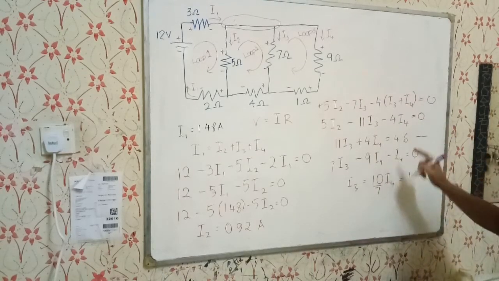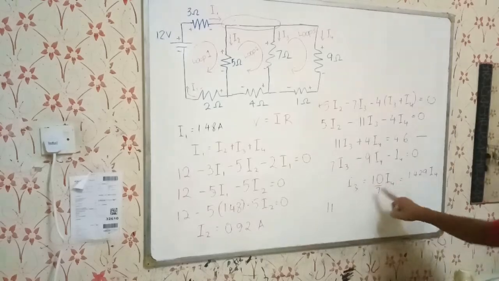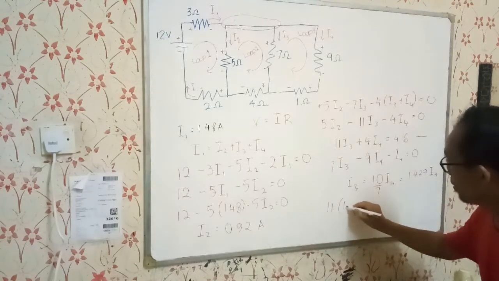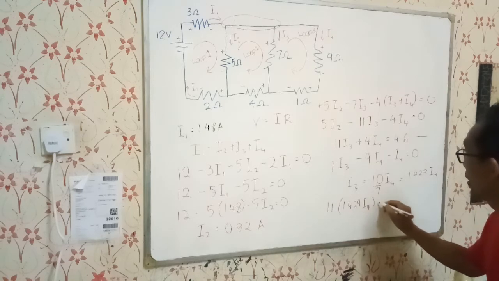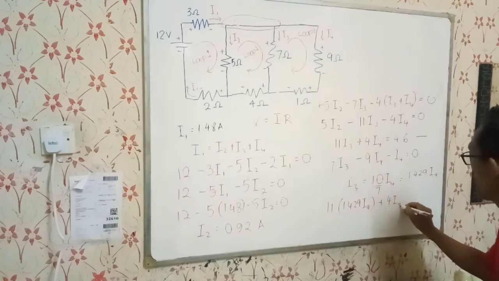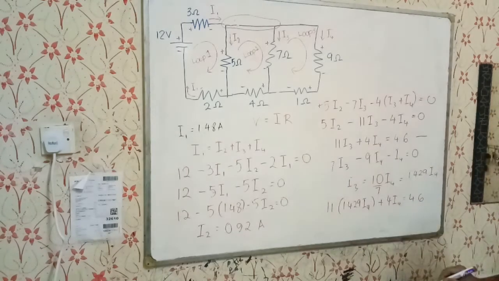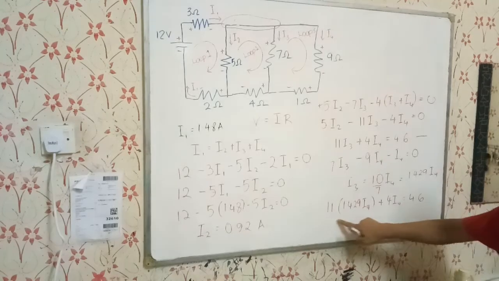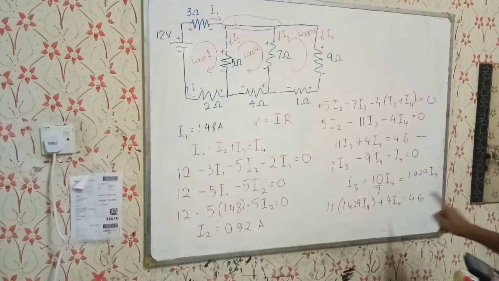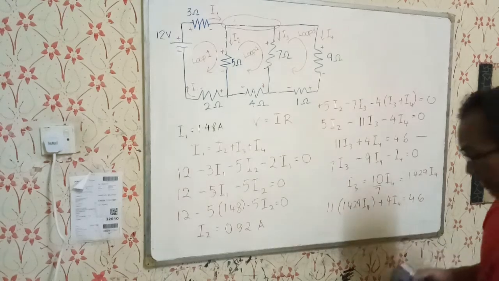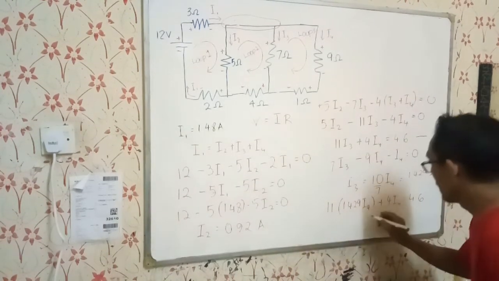So this, 11I3, we replace I3 with this 1.429 I4 plus 4I4 equal to 4.6, and then you can calculate this. It will be equal to 15.71 plus 4, it will be 19.714.